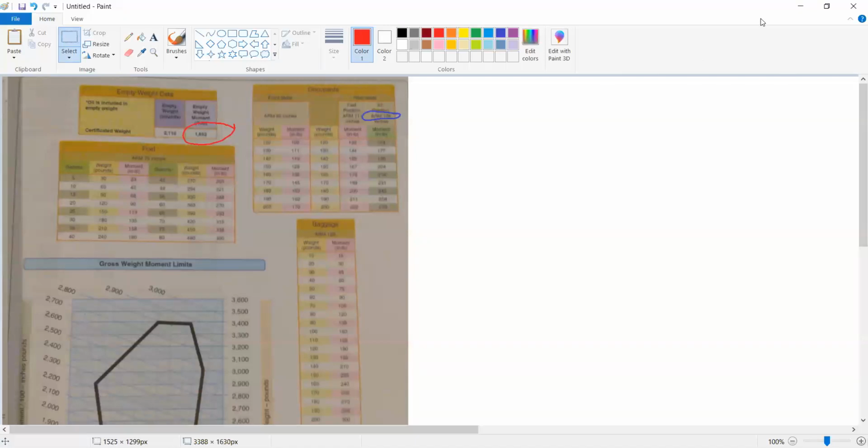All right, so question 59, same thing as 58. Let's jot down all the data. Once again, we're going to have our weight table and our moment table.